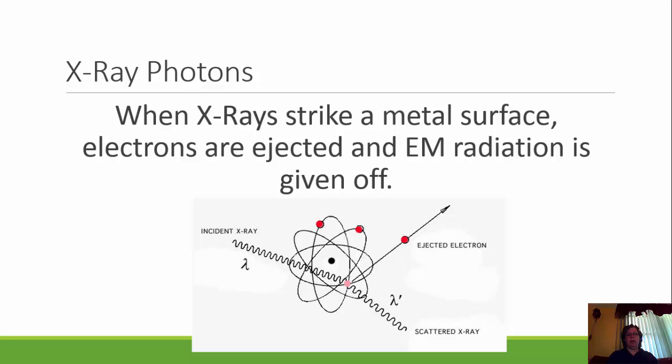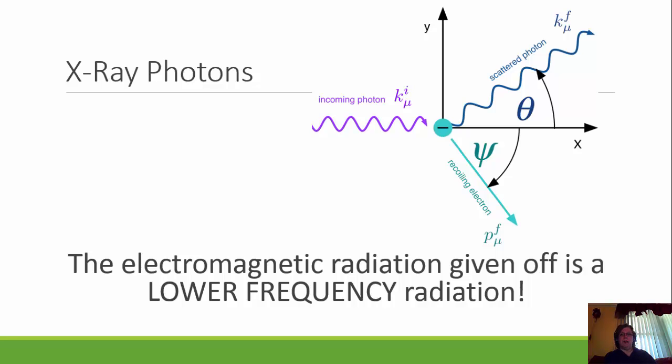When X-rays strike a metal surface, not only are electrons ejected, but some electromagnetic radiation is also given off. That's what I really want us to focus on today. I want us to focus on that electromagnetic radiation that's given off. Because that electromagnetic radiation that's given off is a lower frequency radiation than the photon that hit the actual surface.